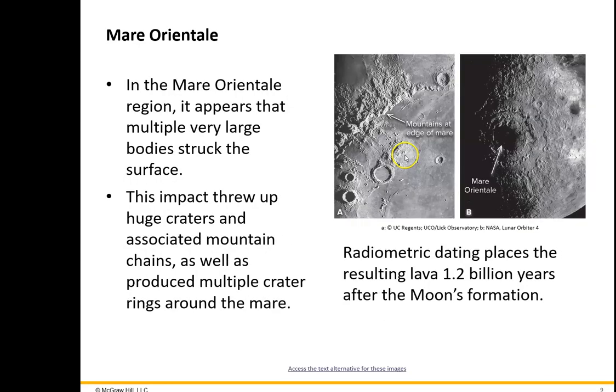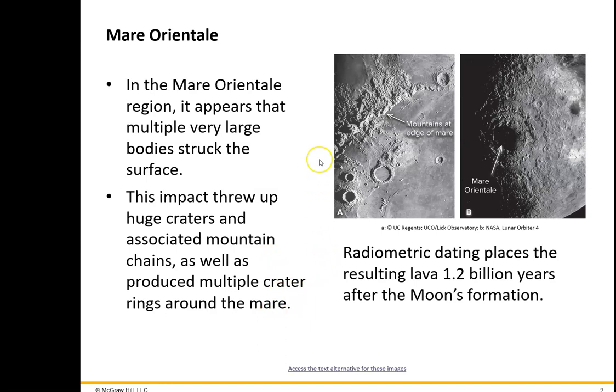So that particular one is this rather smooth region, and notice you can see the mountains around it. Let's see what else do we know about it. Mountain chains. All right.